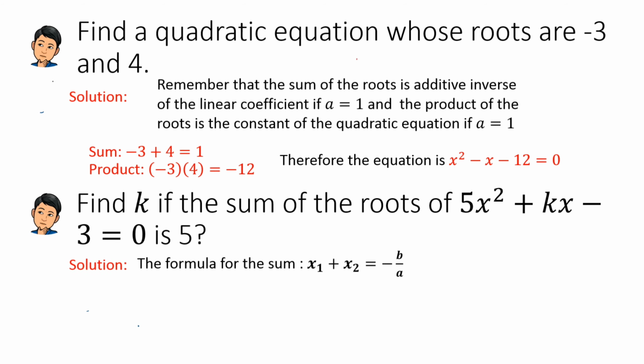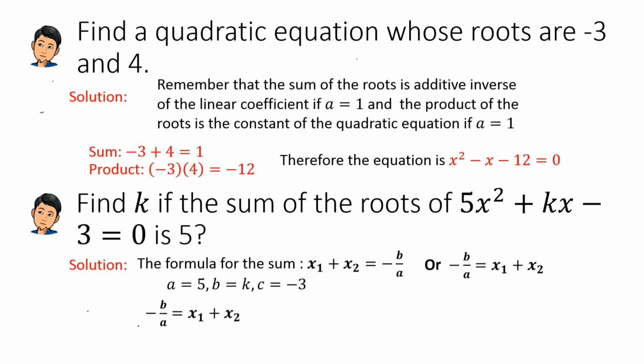The formula for the sum is x sub 1 plus x sub 2 equals negative b over a. So let us find the value of a and b in the given equation. Our a is 5, our b is k, and our c is negative 3.